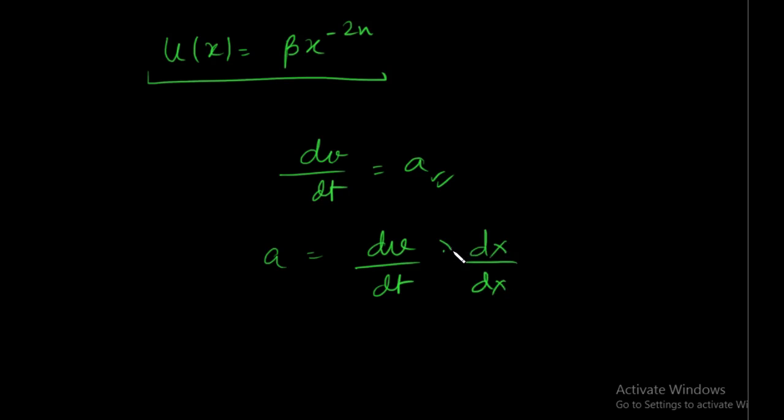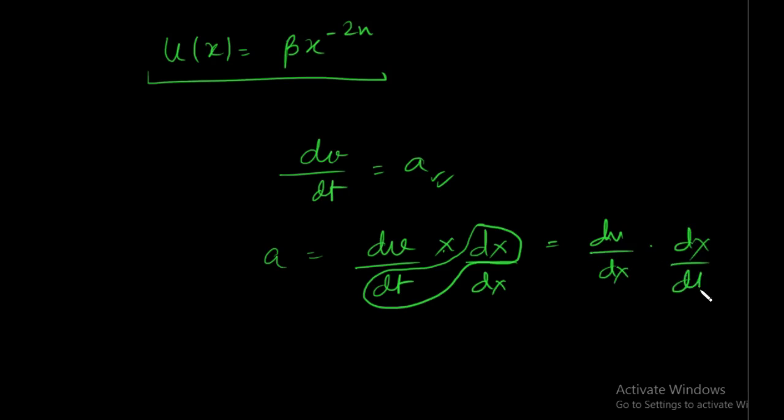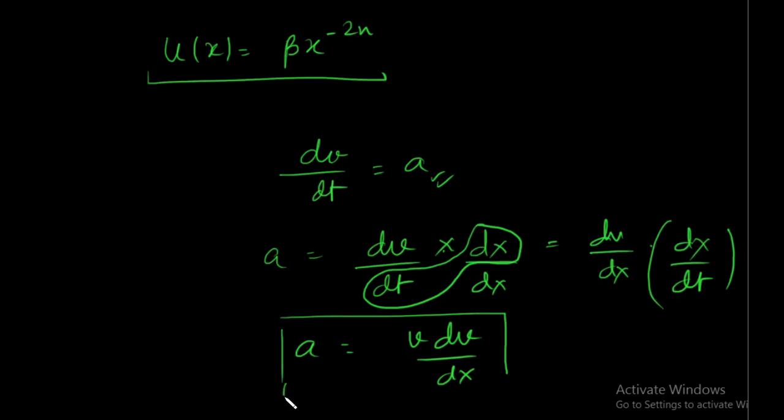So we can take this expression dx by dt. So this becomes dv by dx times dx by dt. We know that dx by dt is v. So v dv over dx. This is the formula for acceleration.